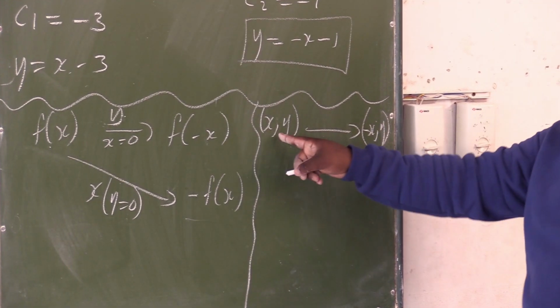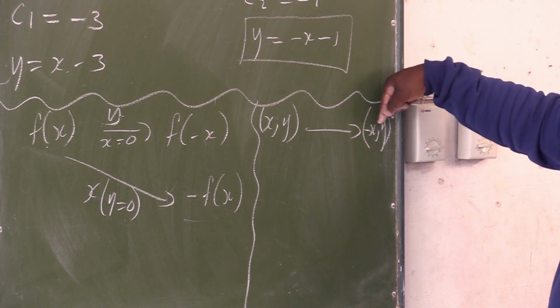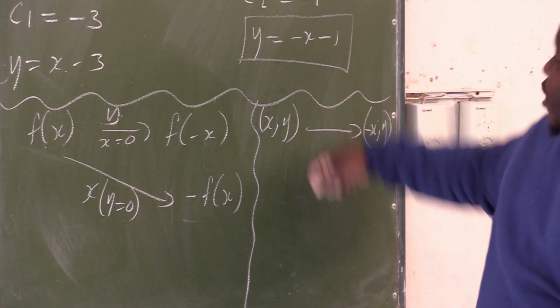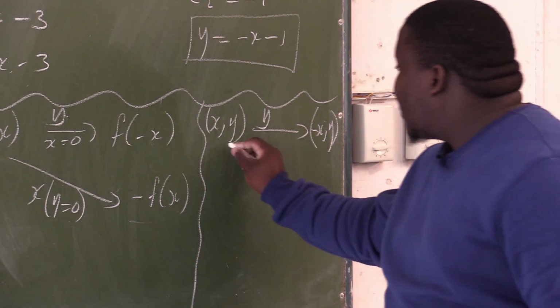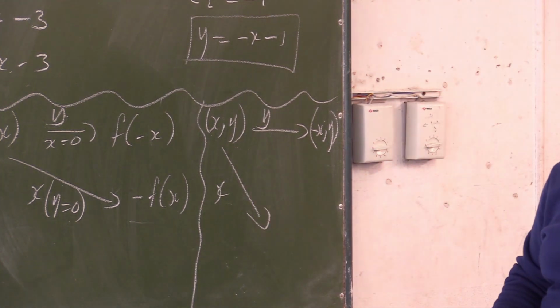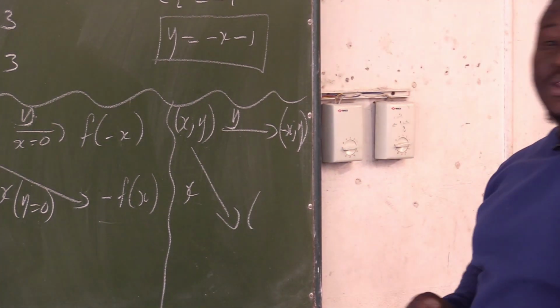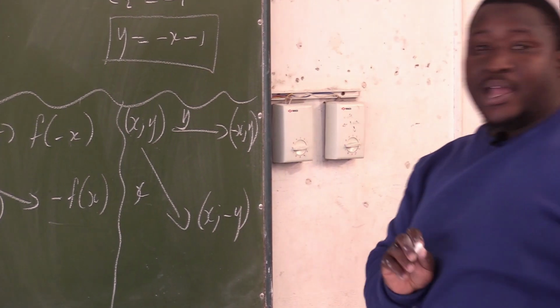So you see this movement from here to here, x becomes negative. It means this point was reflected along the y-axis. But if I reflect the very same point along the x-axis, what will become negative now? y. So what will be the new point? It is x and a negative y.